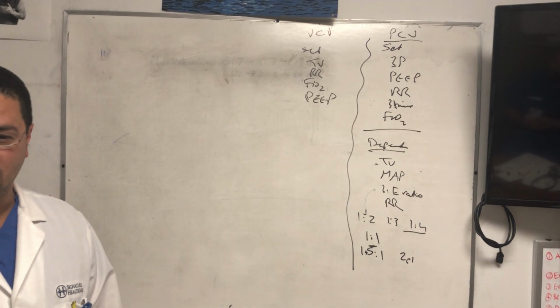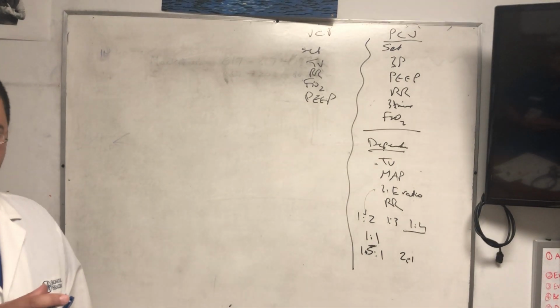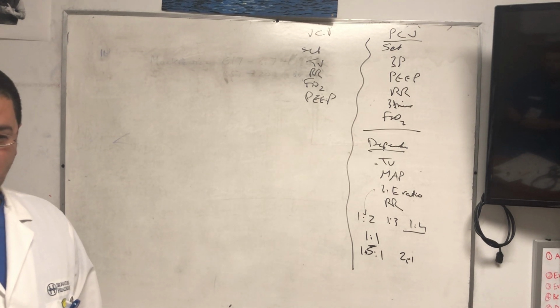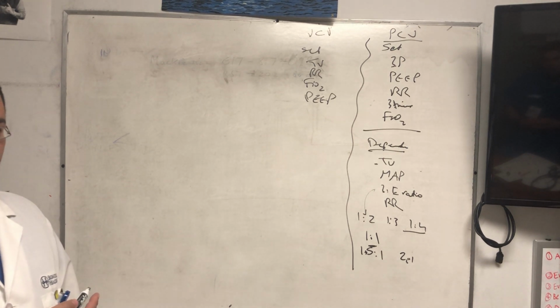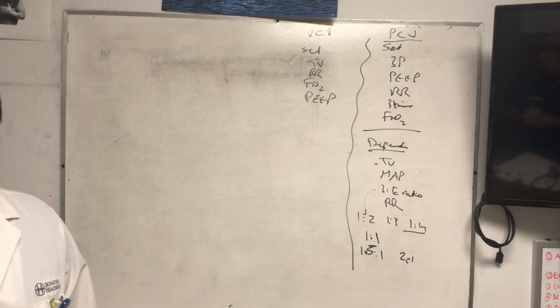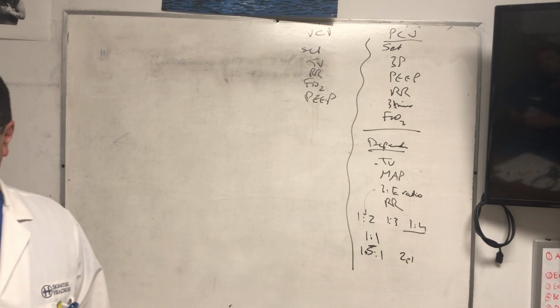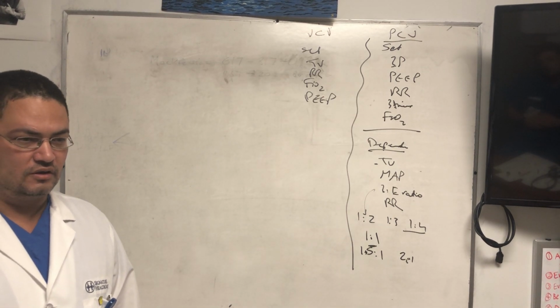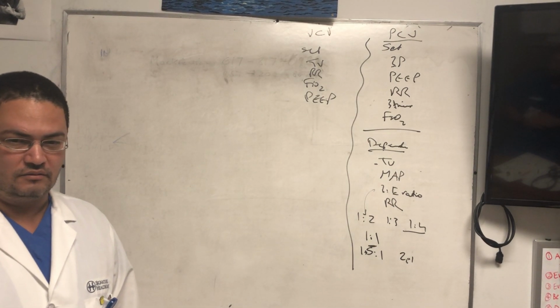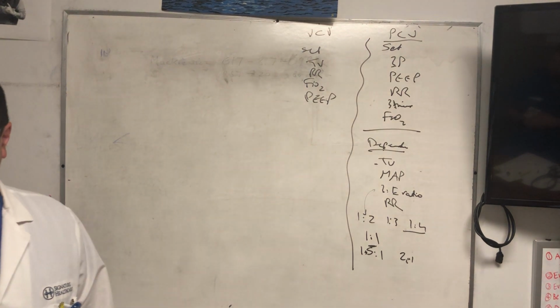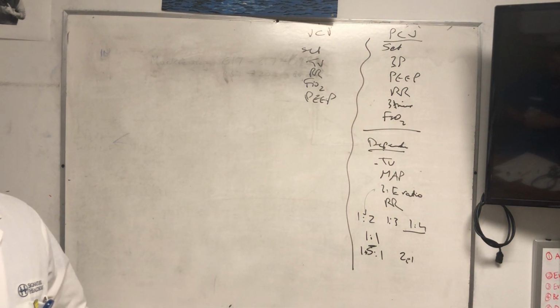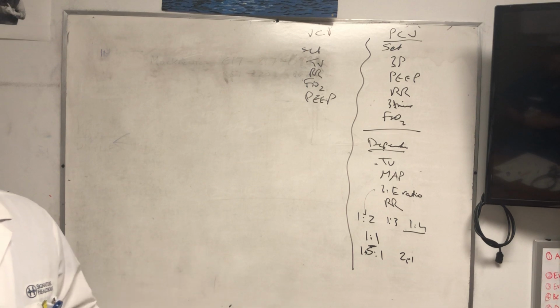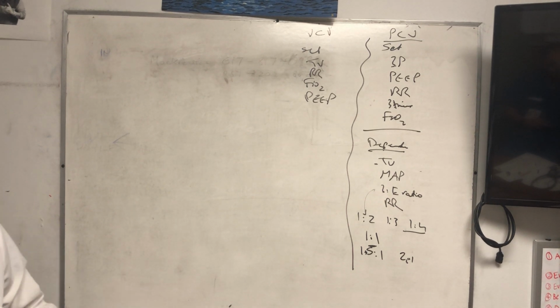The only reason you're switching from volume control to pressure control is to play with the I time, especially in cases of hypoxia. If you're switching for the two other indications, air hunger and high peak airway pressure, you can switch to whatever you want, 1 to 2, 1 to 3. I don't care what the I to E ratio is at that time.